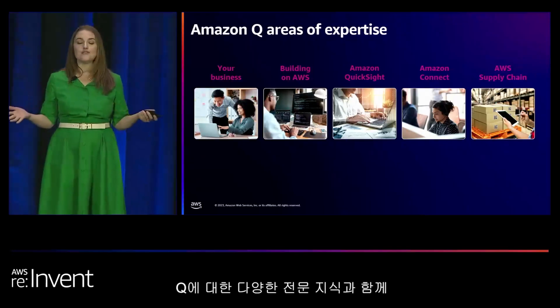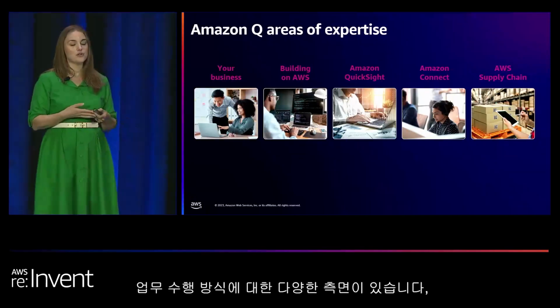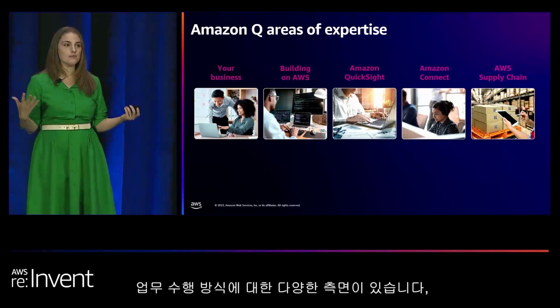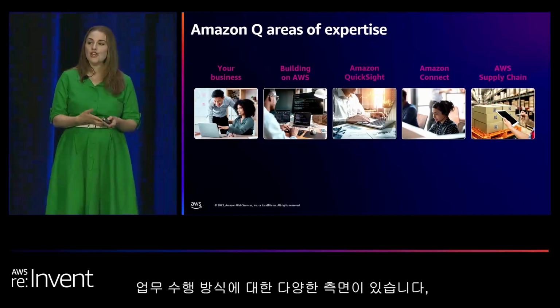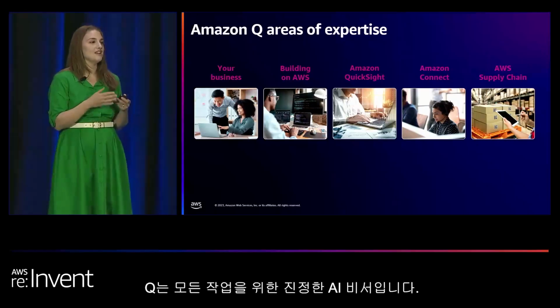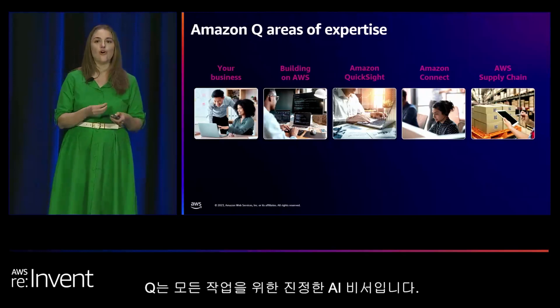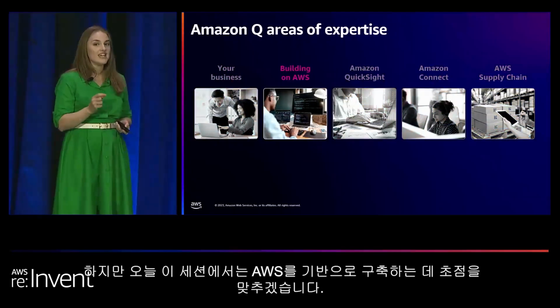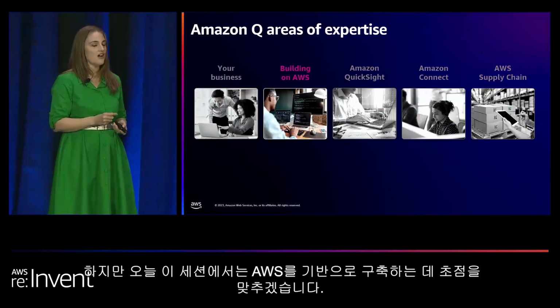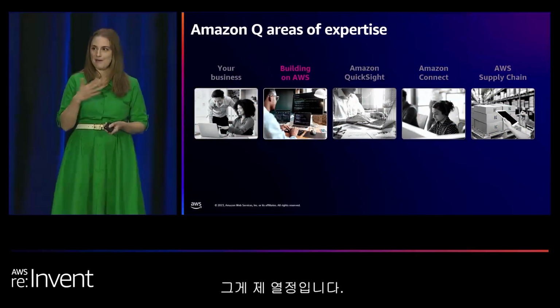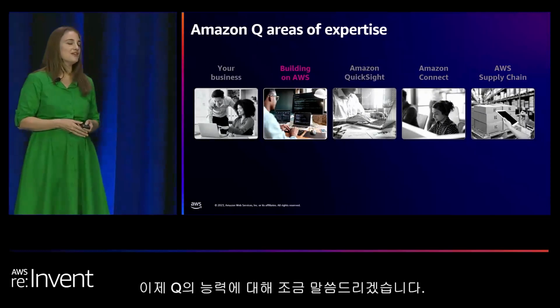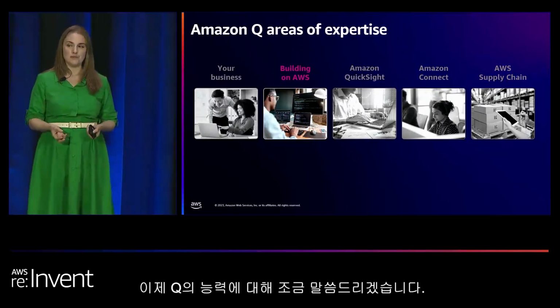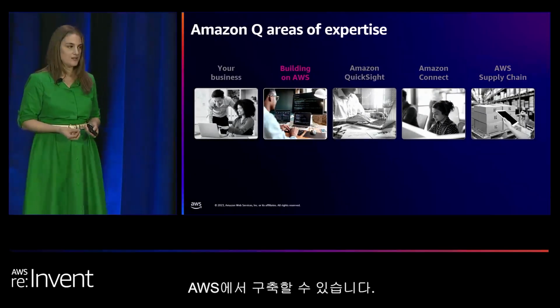So with so many different expertises in Q, with so many different aspects for how you do your work, Q is truly your AI assistant for all of the work that you do and for your entire business. But today in this session, I'm going to focus on building on AWS. That's my passion. So I'm going to tell you a little bit about Q's capabilities for building on AWS.